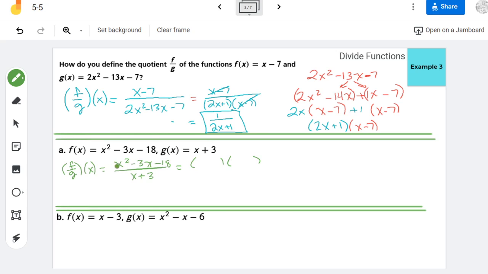And this is easy because there's no a value, it's just a 1. So I could just use my double bubble. So this will factor into x minus 6 times x plus 3. And lo and behold, there's an x plus 3 on both of these. So when I actually do that division, I'm left with x minus 6 as my final solution.